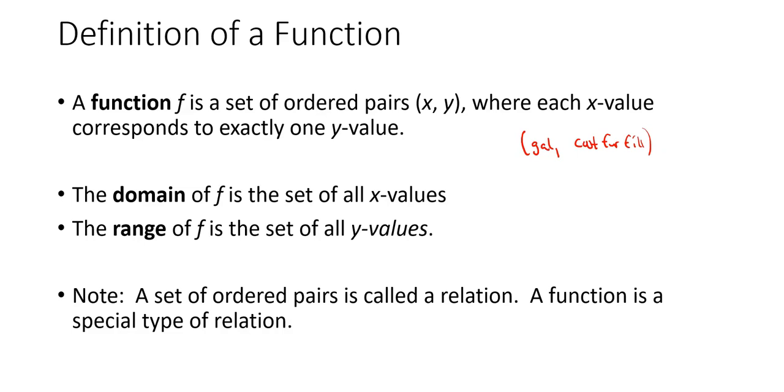So if I went there and filled up for 17 gallons and it cost me $55, and you paid for 17 gallons and it cost you $60, then we don't have a function anymore because we both put in the same x value, but we got different y values, which means we paid different amounts for our gas.